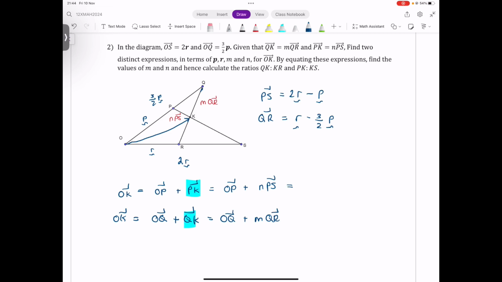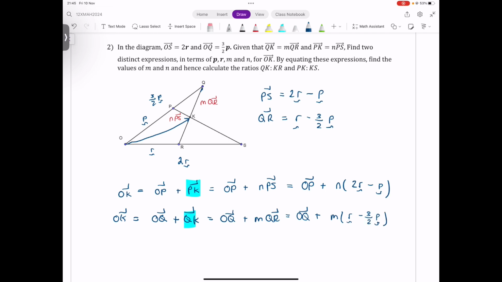But we've just derived expressions for PS and QR. So this is OP plus N times PS, which we figured out was 2R minus P. And this one, we've got OQ plus M times QR, which we just figured out was R minus 3 on 2P.